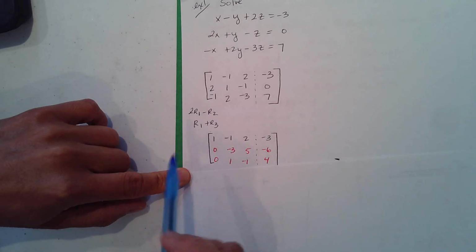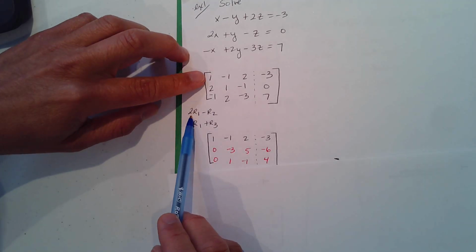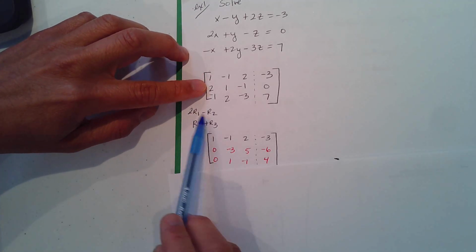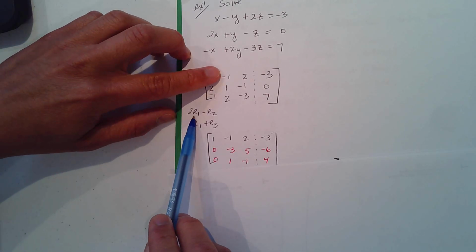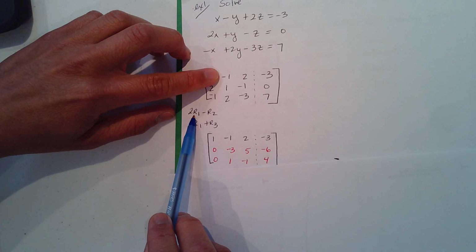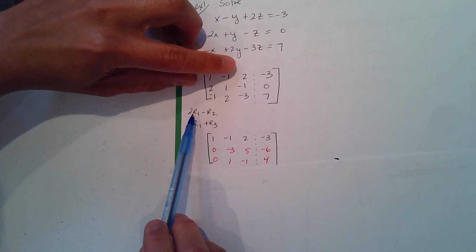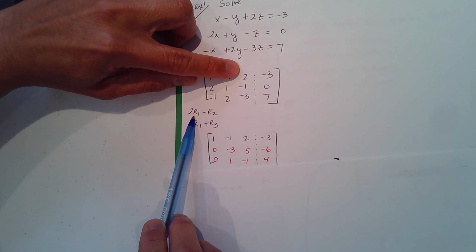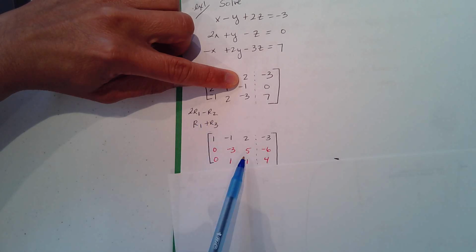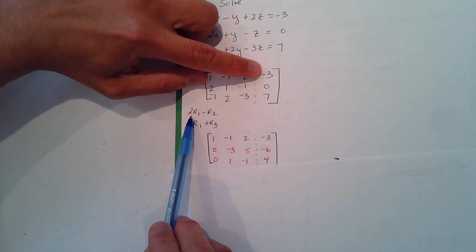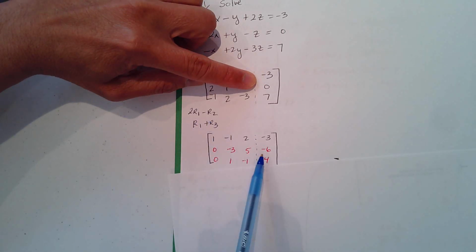So we're just going to apply this rule. 2 times row 1 minus row 2. 1 minus 2, 0. 2 times negative 1, negative 2, minus 1, negative 3. 2 times 2 is 4, minus a negative 1, which is 5. And then we have 2 times negative 3, negative 6, minus 0 is negative 6.